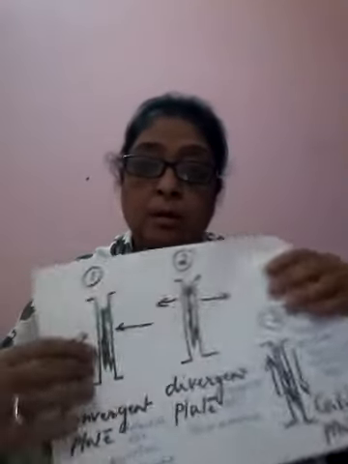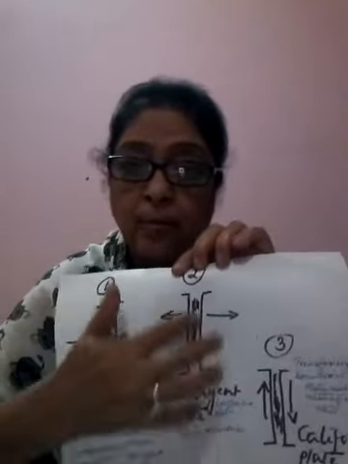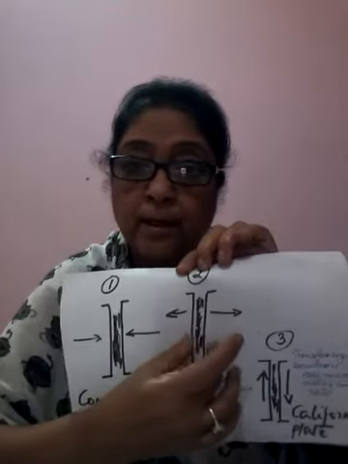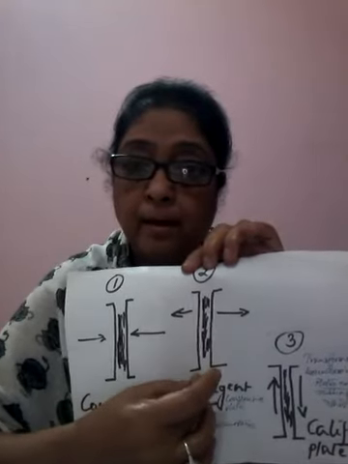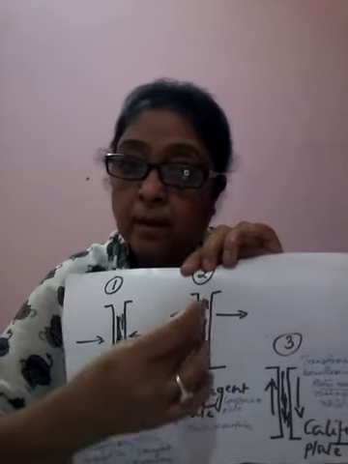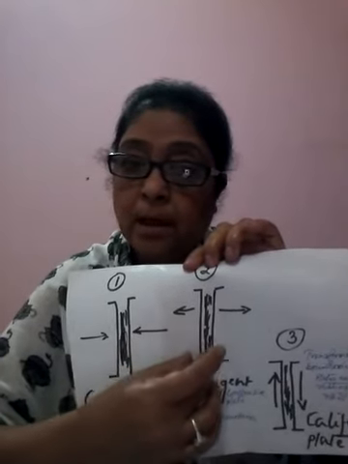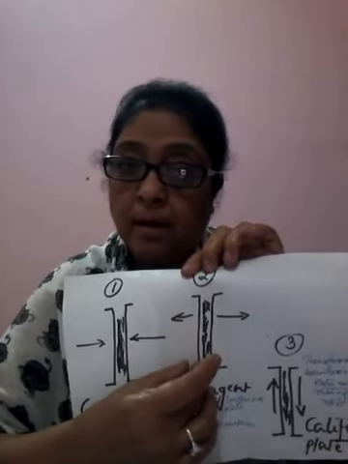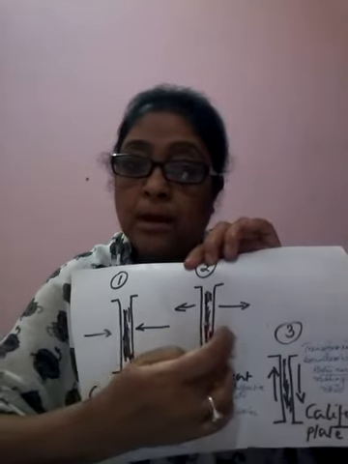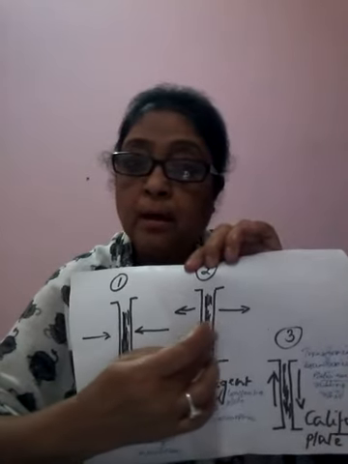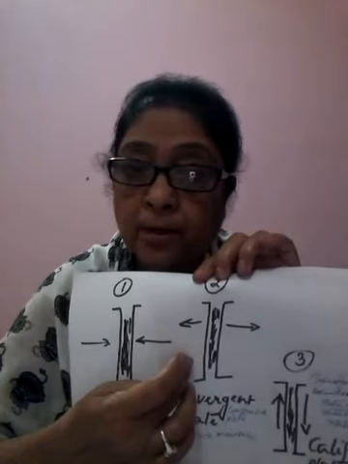Then guys, let us come to the second point, that is two plates. Have you seen the second point? Two plates are there. In between, a fracture is there. This gap has been filled with something, and now these two plates are moving towards the opposite direction.